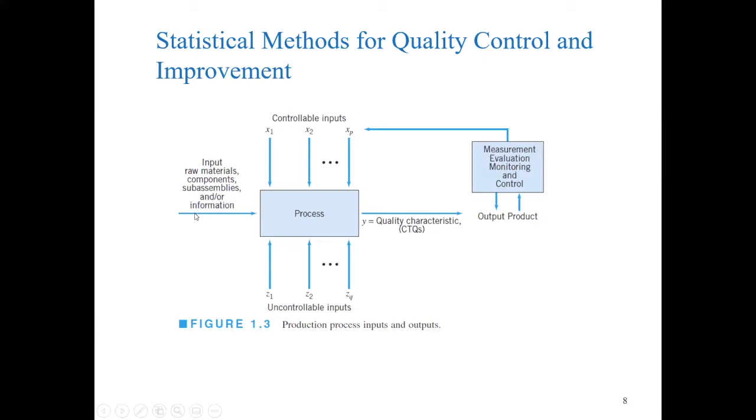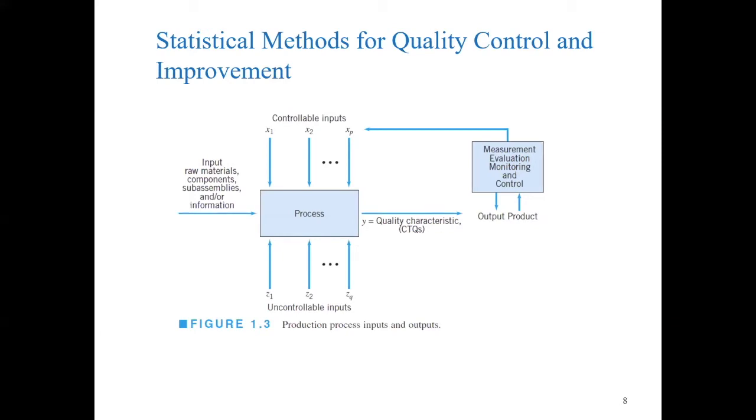And then in the process, we may have controllable inputs, which are represented here by the X's, and we may have inputs that are uncontrollable, which are things that affect our process that we cannot control. For example, the weather or the general conditions of the environment. Sometimes we cannot control these variables, but they affect our product and the production process.